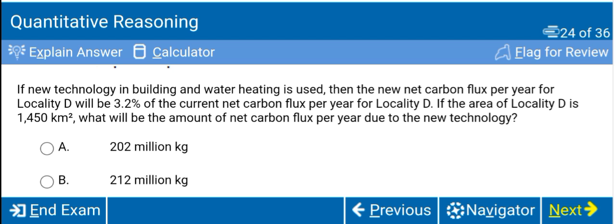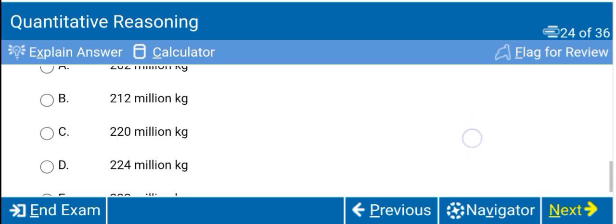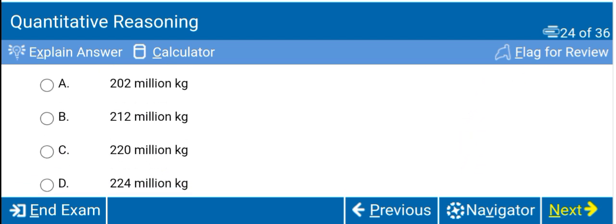Option A, 202 million kilogram. Option B, 212 million kilogram. Option C, 220 million kilograms.